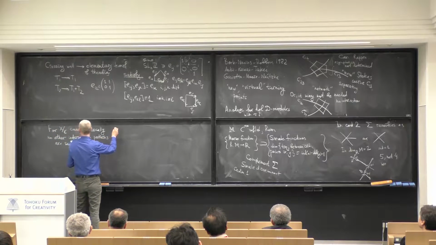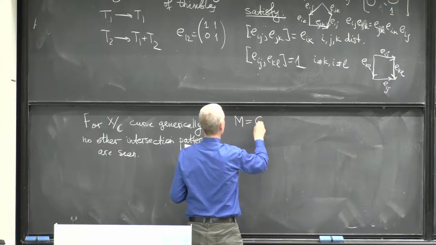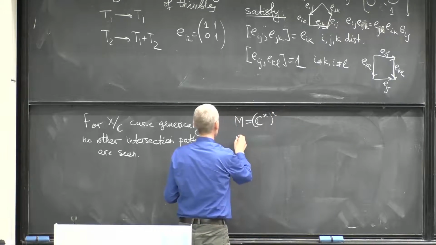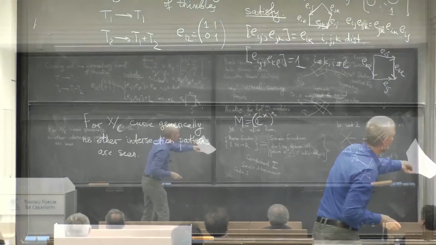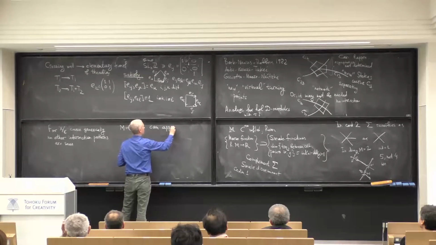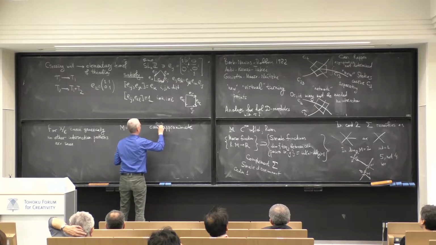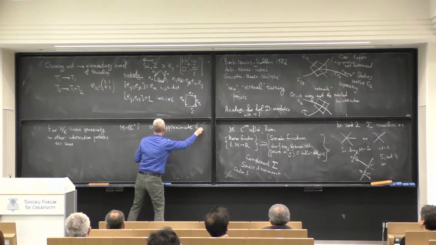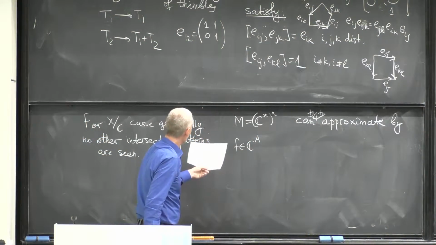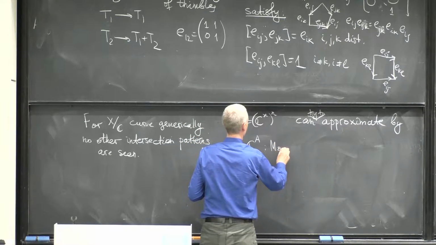But if M is C star to the N, then instead of this diagram, we can consider an approximate diagram, where we try to approximate by the corresponding set of logarithm of absolute values of functions from CA, for which they are Morse.